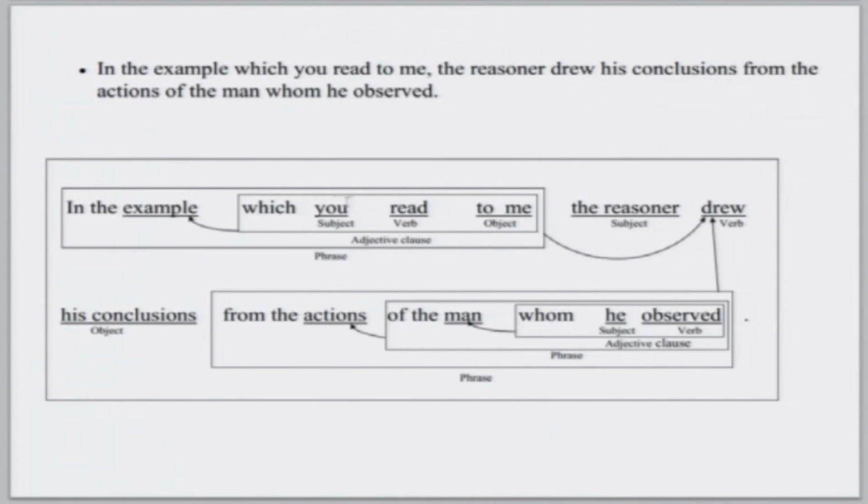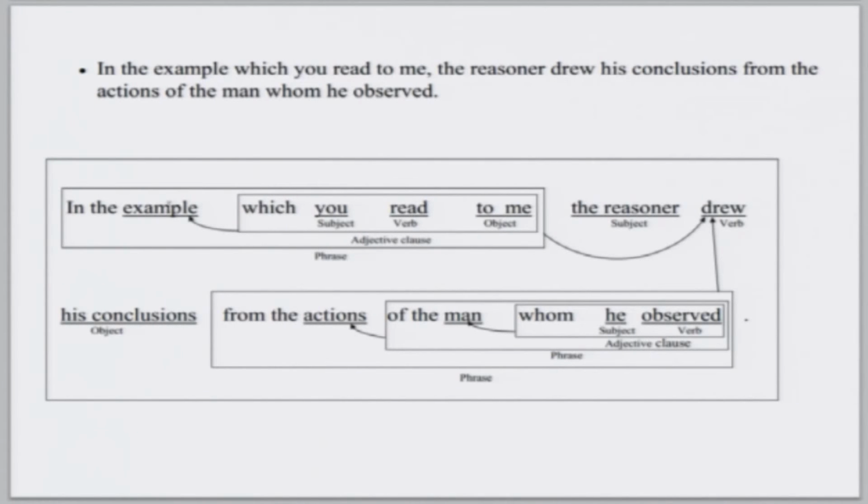So, this is a phrase. Even inside the phrase, you have a full clause sitting. A full clause which could supply a full sentence, "you read to me", is here standing subservient to just a word inside a phrase, which itself is not a sentence.